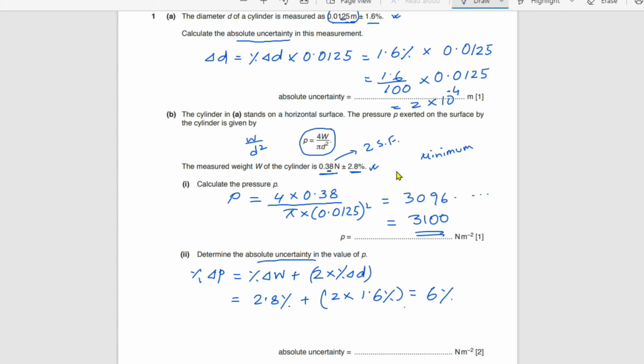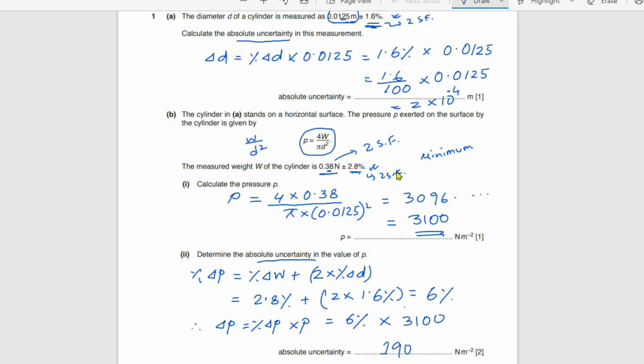Now to find out the absolute uncertainty of pressure, we multiply this percentage uncertainty with its value. Value is 3100, percentage uncertainty is 6%. So this is what we get as the answer, 186. Basically we are again maintaining consistency in significant figures, so we write 190, because the weight percentage uncertainty 2.8% is in two significant figures.